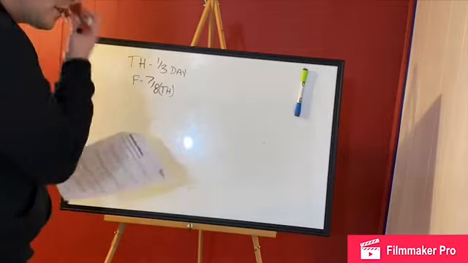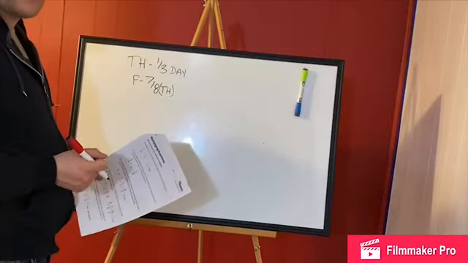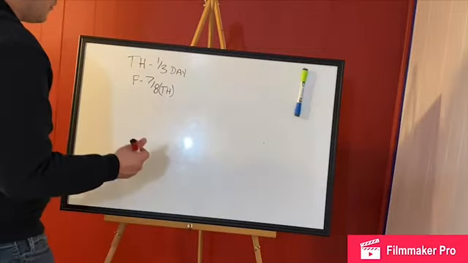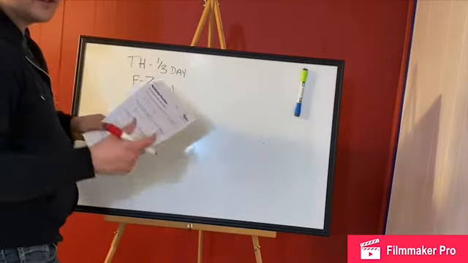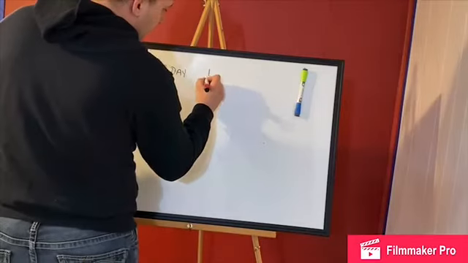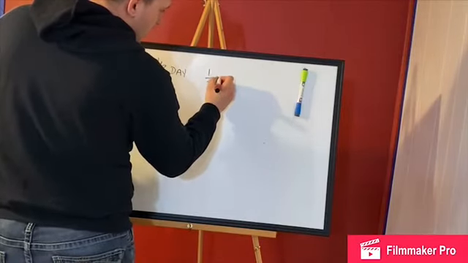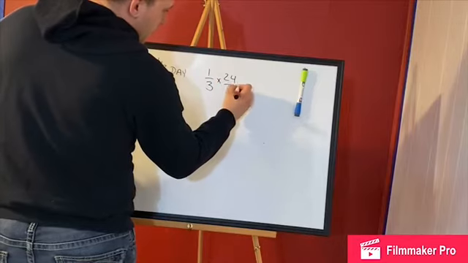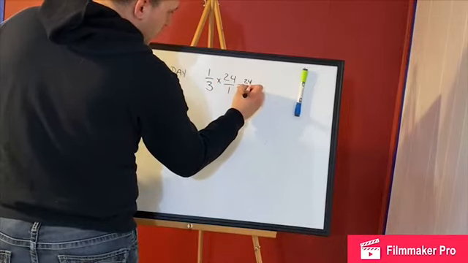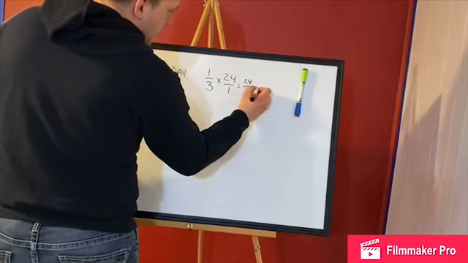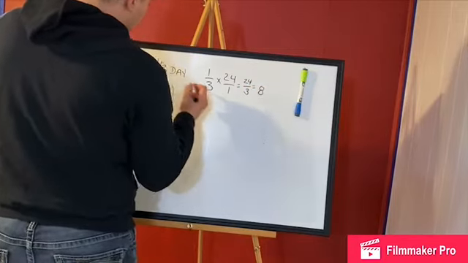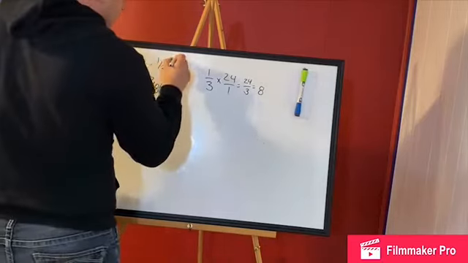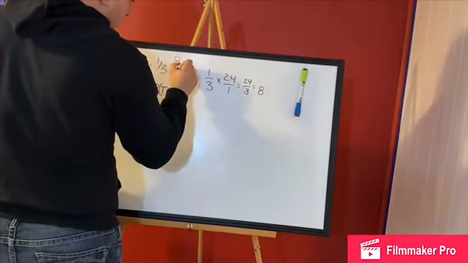So we first have to figure out how many hours in a day. We know that's 24, right? So we multiply our 1/3 times 24 over 1, and we get 24 over 3, which equals out to 8. So we know on Thursday, he slept 8 hours.